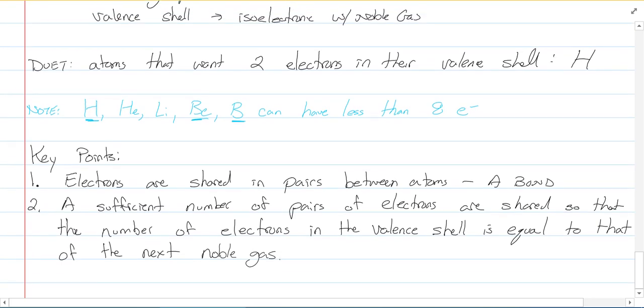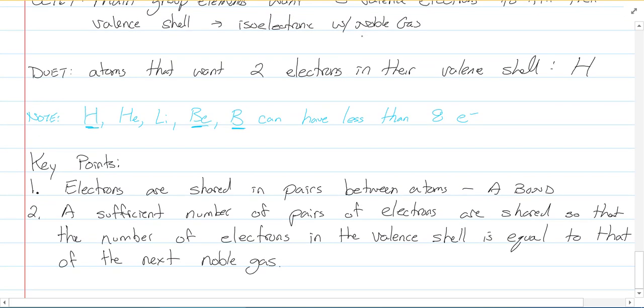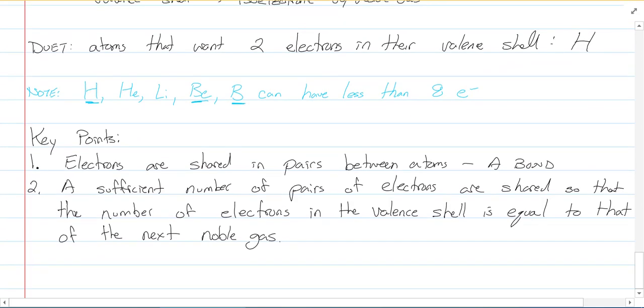And it kind of goes back to the point of being isoelectronic with the noble gas. Right, that's why we get octets.